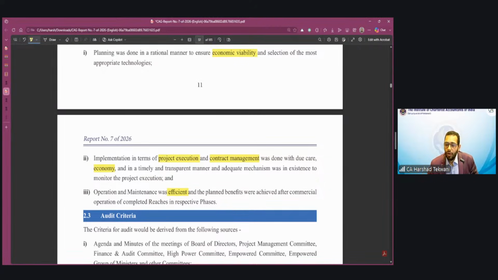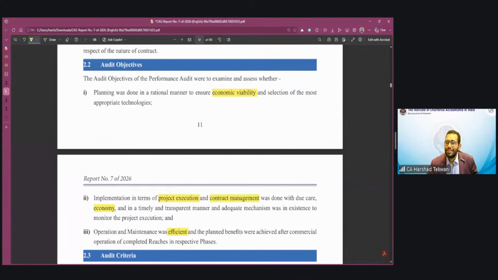Efficiency means: what benefit am I getting, is it the maximum benefit from that project? The resources that I'm using, am I getting maximum benefit out of them? And the third one is effectiveness, that means whether the project was effective for the purpose for which it was built.